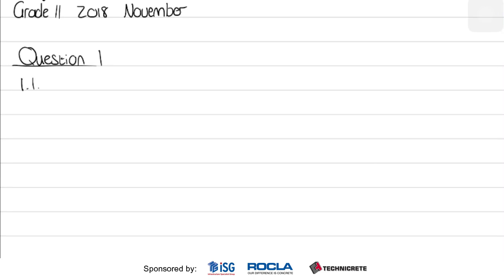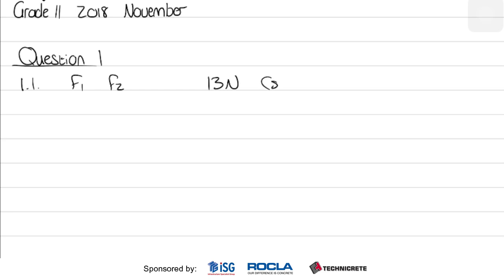In question 1.1, you are told that you have 2 forces, force 1 and force 2, and they're both acting on the same point. They tell you that if force 1 and force 2 act in the same direction, the maximum resultant has a magnitude of 13 newtons.